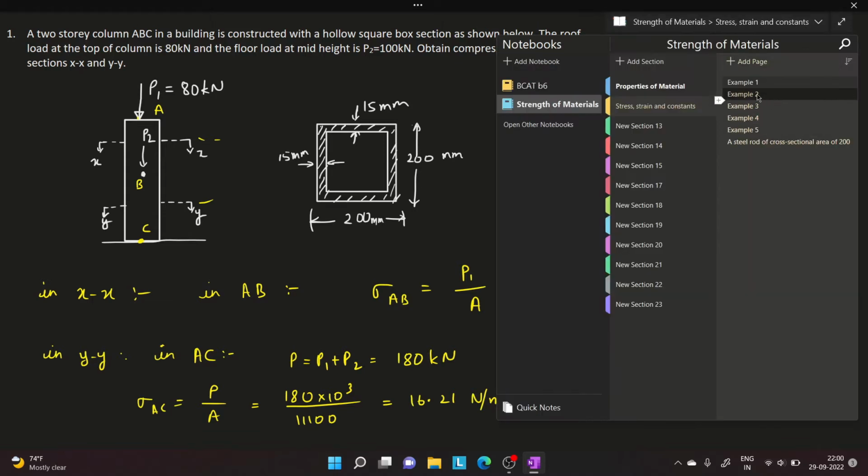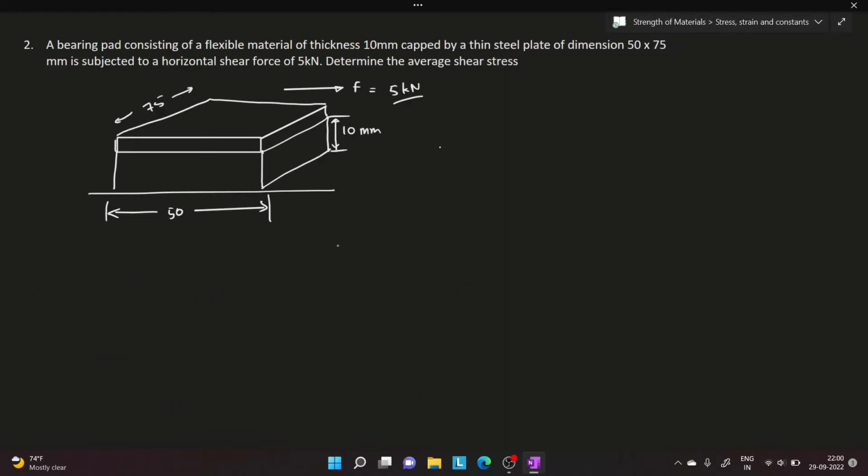Moving to the second example: a bearing pad consisting of a flexible material of thickness 10 mm, capped by a thin plate of dimension 50 by 75 millimeter square, is subjected to a horizontal shear force of 5 kilonewton. Determine the average shear stress.